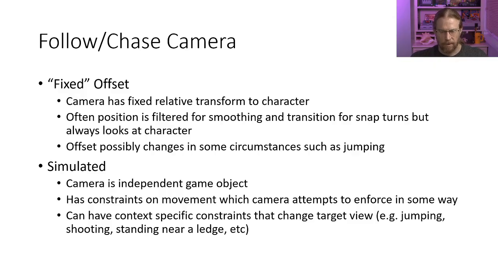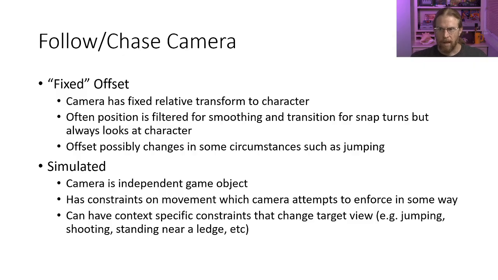And so you will rarely see a fixed offset camera except in maybe some early 3D games, and even some that you would say are mostly fixed offset do have examples of more advanced features, even though they tend to appear fixed offset.